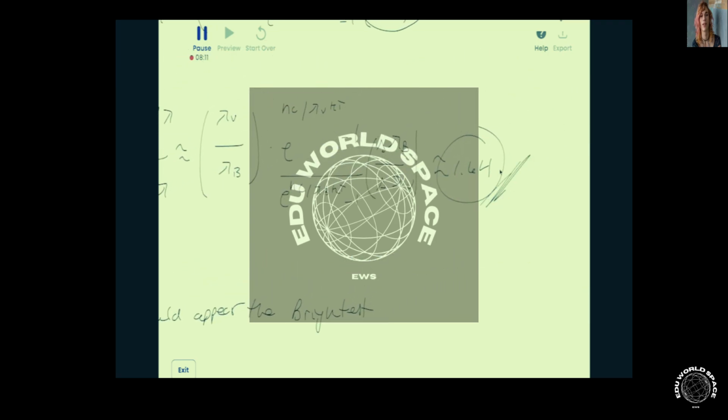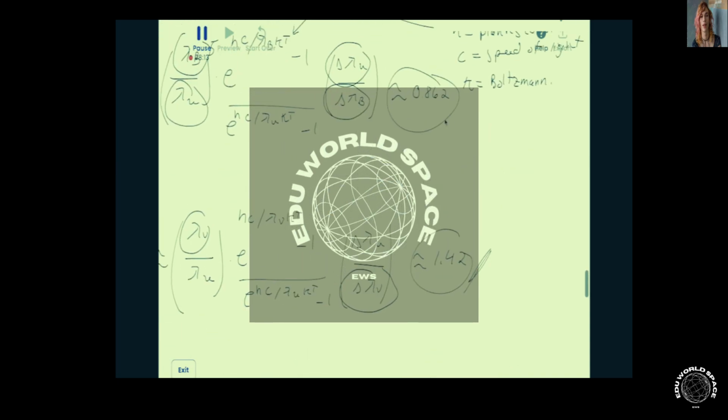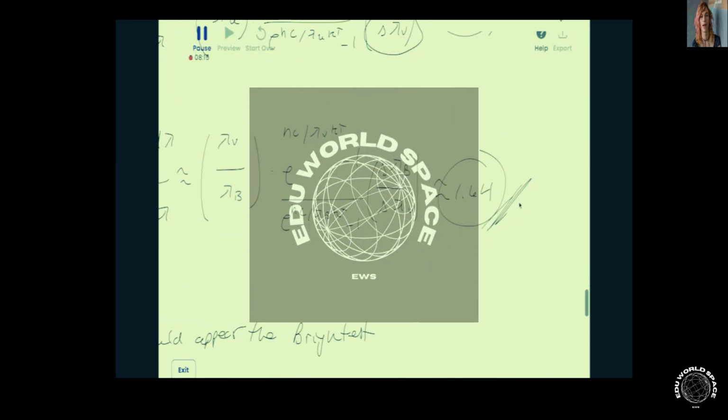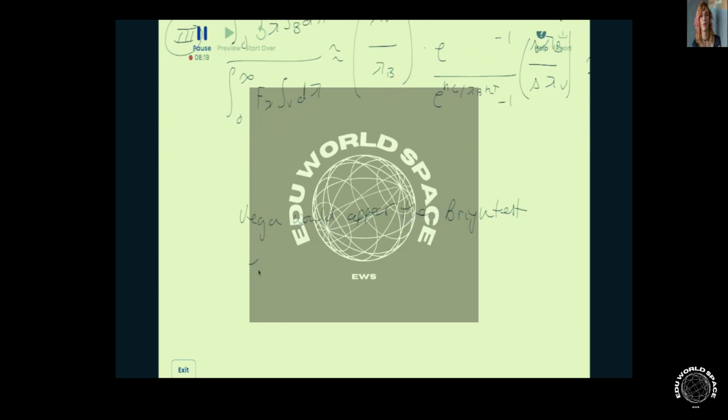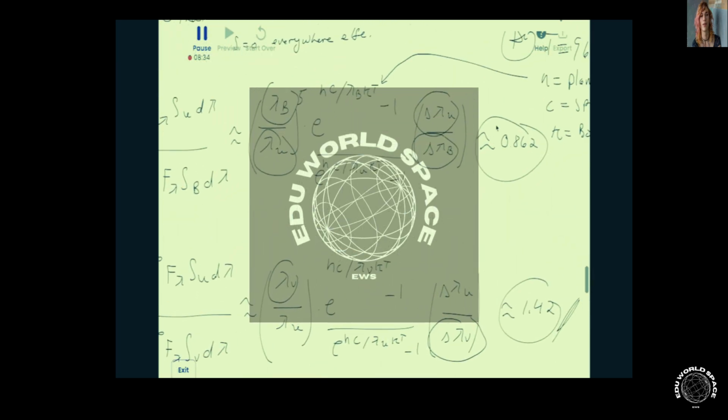Well, 1.64 compared to 1.42 compared to this one. That means Vega would appear brightest through the B filter. And what do you think would be the faintest? Well, the faintest would have to be this one up here, so the V filter.